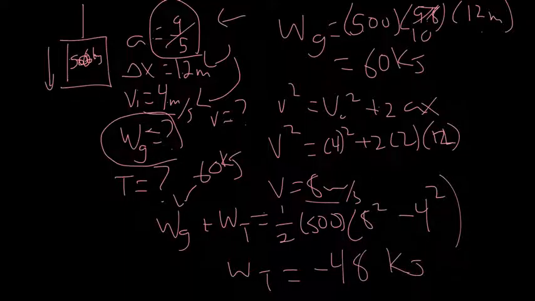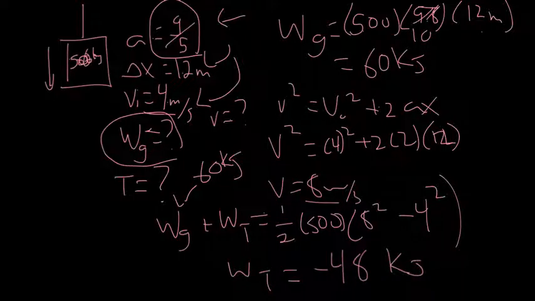So what that means is that tension is doing negative work. So you could think about this, if there was no tension there, then by the time it was done falling, it would have 60 total kilojoules of energy. But because tension is interfering with the fall, then it's doing negative 48 kilojoules of work.